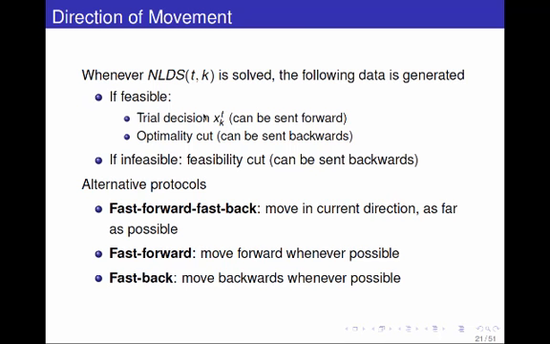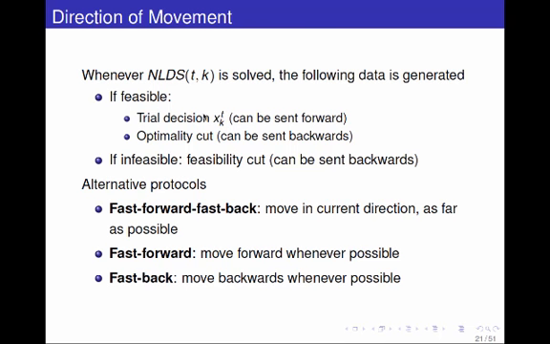So one other way to do it would have been to go here, here, here, until you reach the end of, it's kind of like branch and bound, right? Branch and bound also decides how to traverse. It's the same idea. So, for example, one protocol would be to go all the way forward whenever you can.